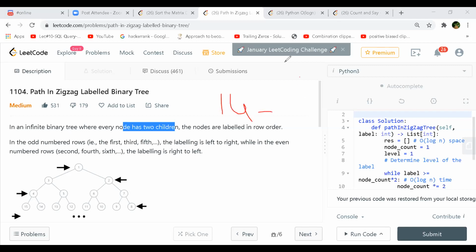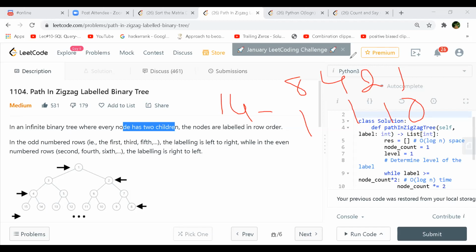I think what he's trying to say is that if I divide 14 by the closest power of 2, which is 8 here, I know that it would be on the 4th level.